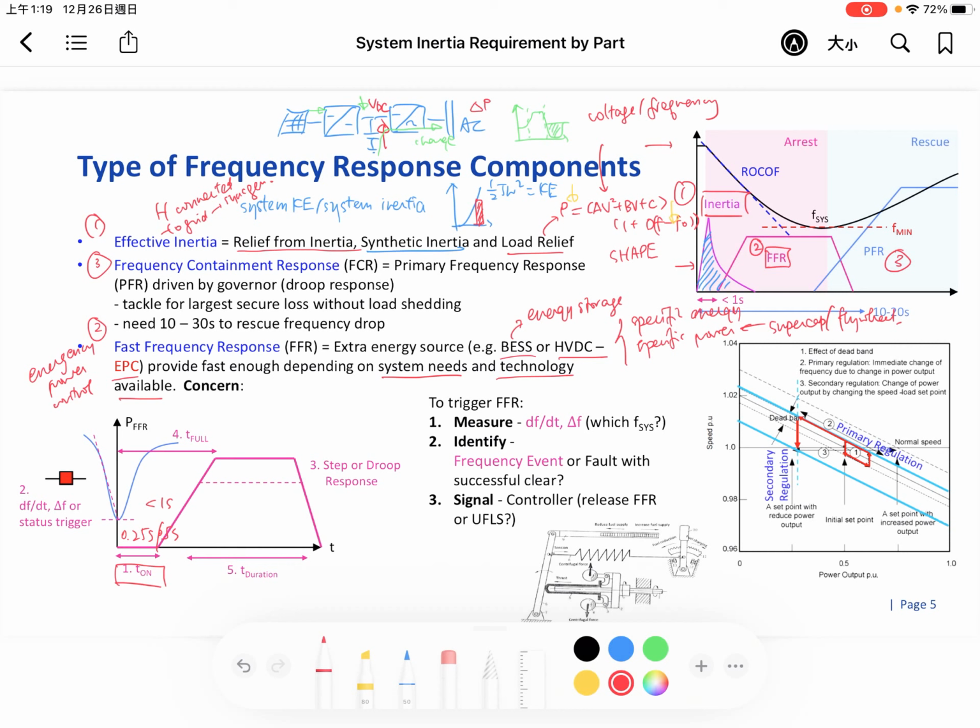The second one is, how is it triggered? It is a big problem because in a short time we can't differentiate whether it is a frequency event or a fault with correct clearing. It means that the fault is cleared anyway, you don't need to do anything.